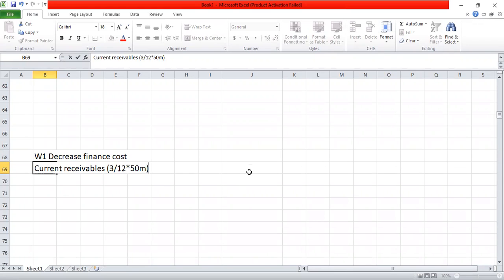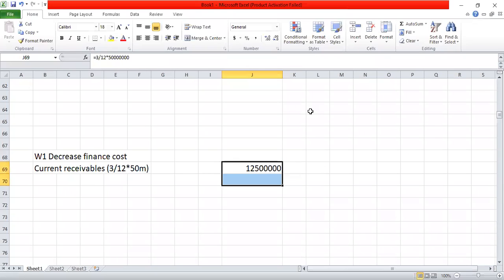That's going to be the receivables at the end of the period. So at the end, the company will have a receivable of 12,500,000.